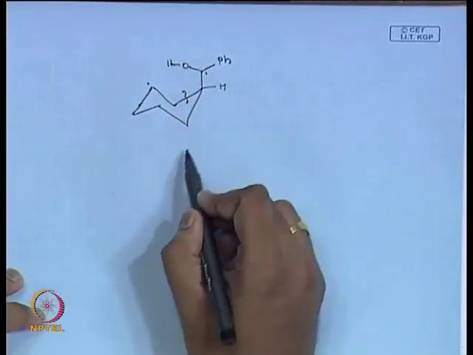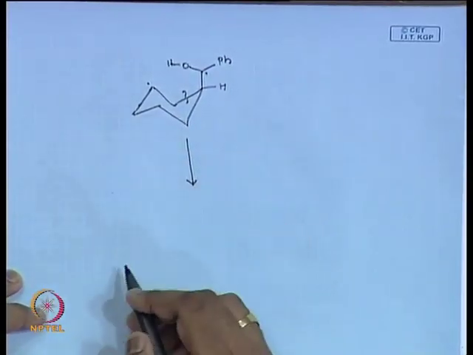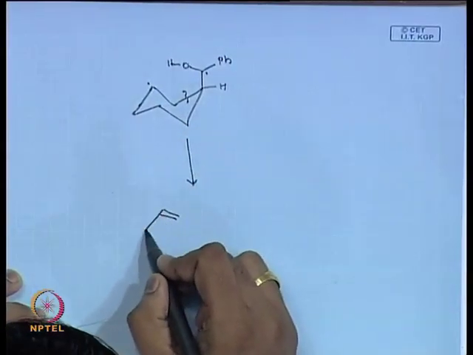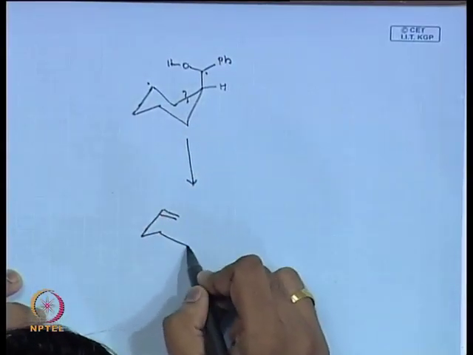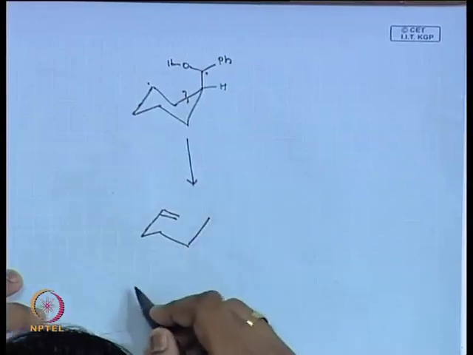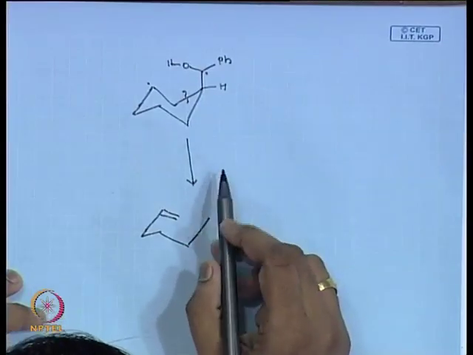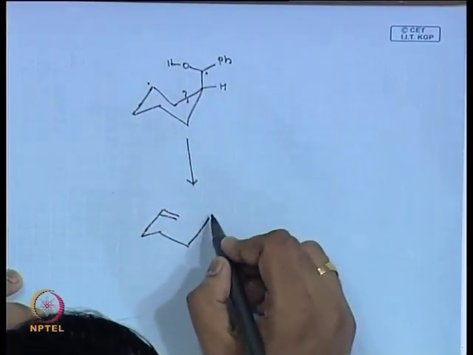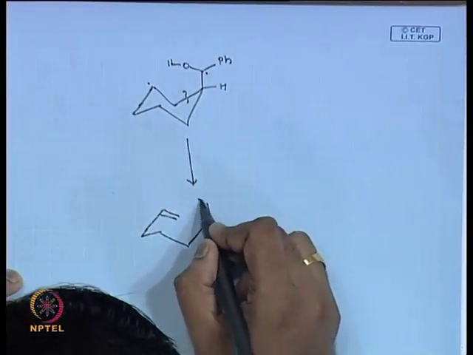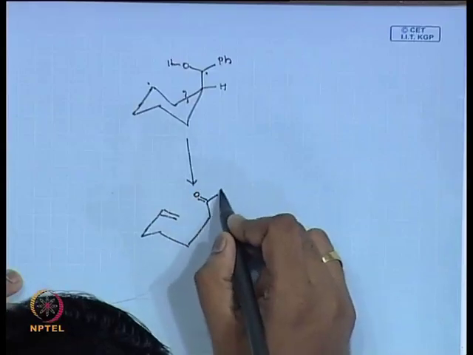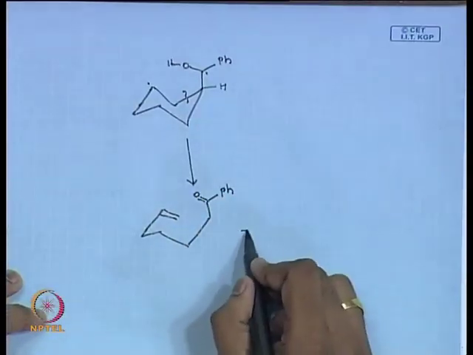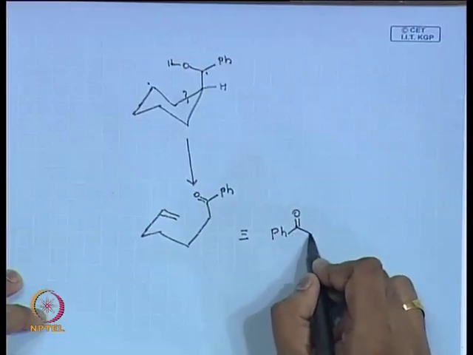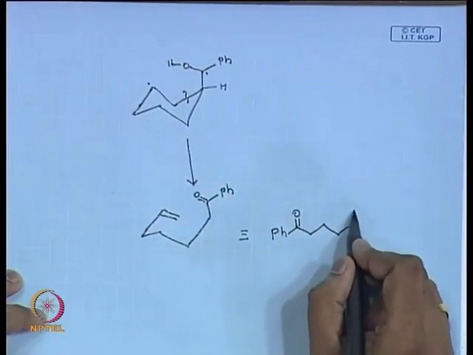So, I can cleave my beta bond then. Product. So, I can write like this: phenyl carbonyl 1, 2, 3, 4.